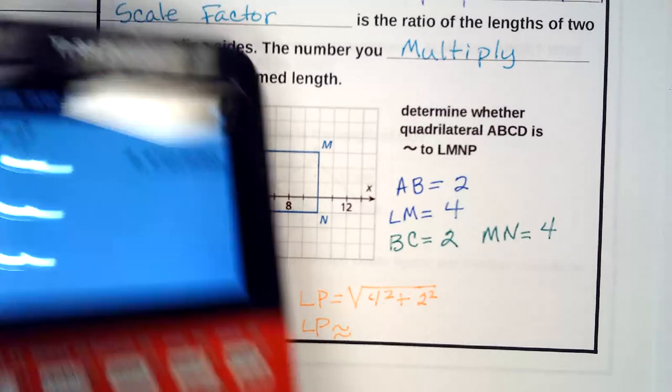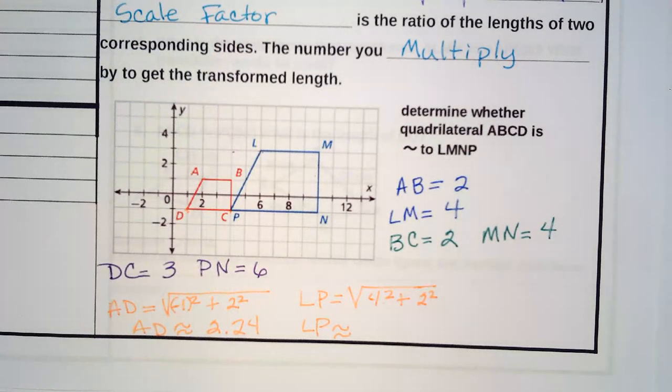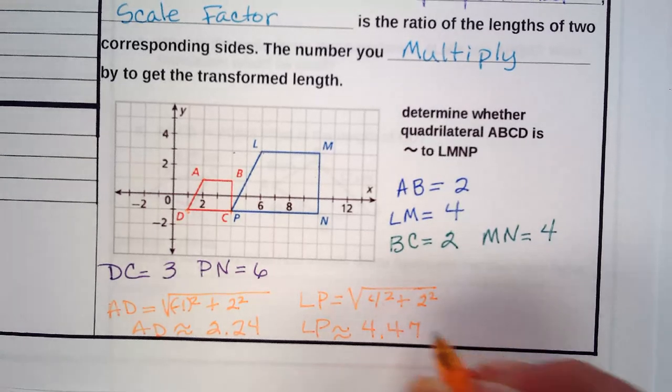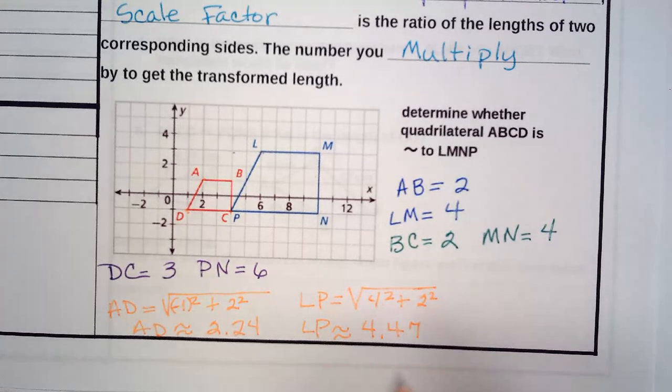And you get 4.47. So as you can see, they're approximately multiplied by 2.